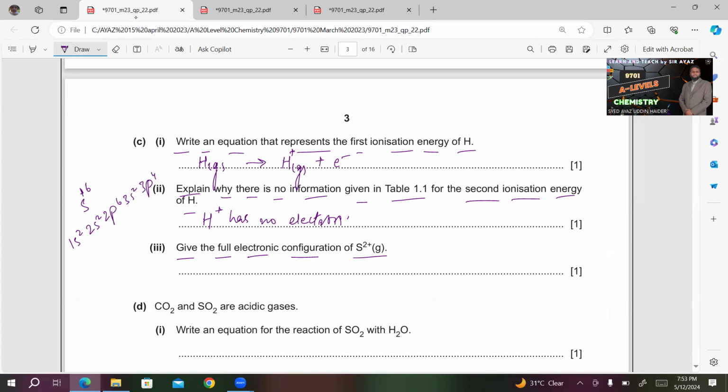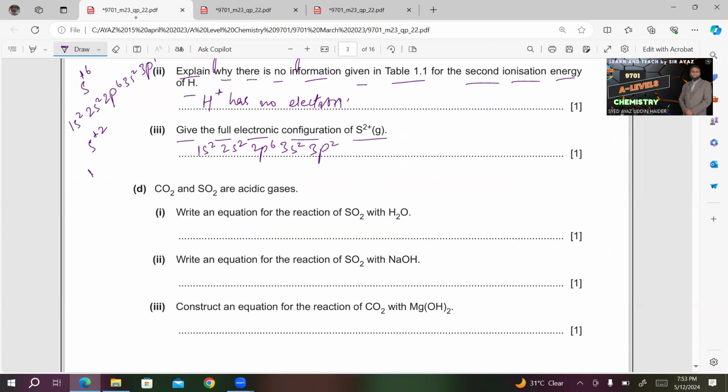Now, after losing 2 electrons, it will be left with 2 electrons in the p subshell. So for S2 plus, I will write here 1s2, 2s2, 2p6, 3s2, 3p2.